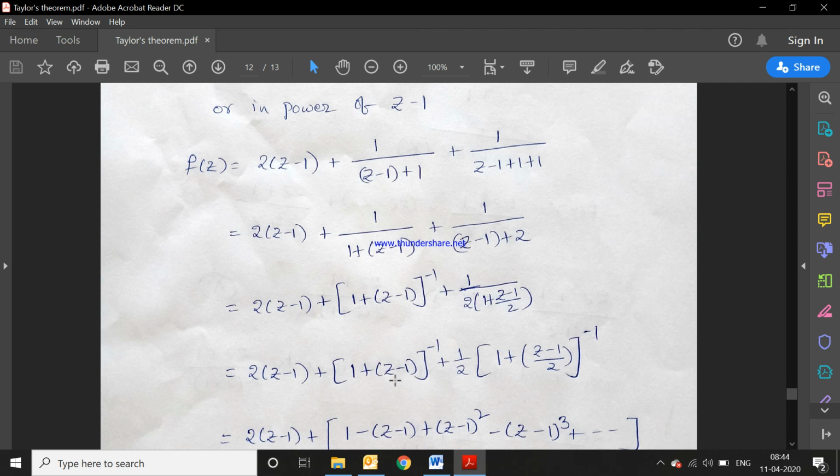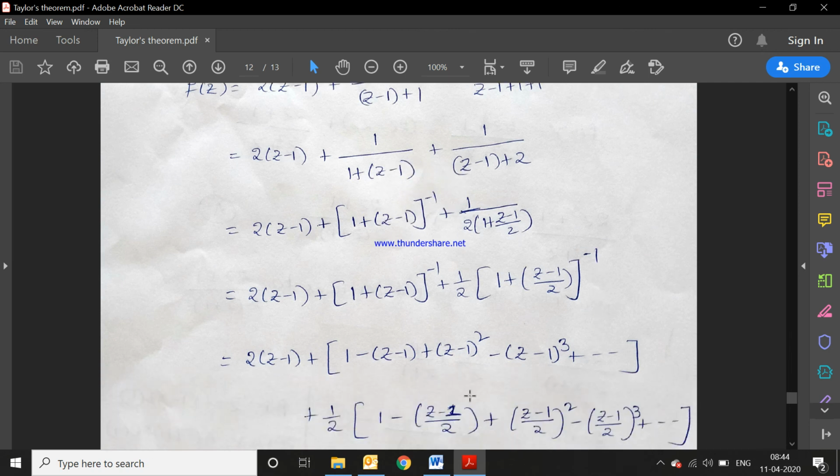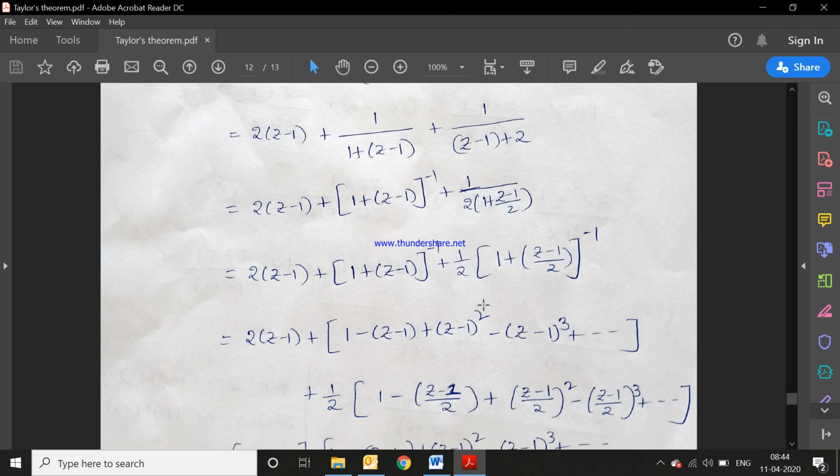In the place of z, it is z − 1: (1 + (z − 1))^(−1) plus 1/2 is constant, (1 + (z − 1)/2)^(−1). So now you can write the expansion: 1 − (z − 1) + (z − 1)^2 − (z − 1)^3 plus so on, plus 1/2 times [1 − (z − 1)/2 + ((z − 1)/2)^2 − ((z − 1)/2)^3].